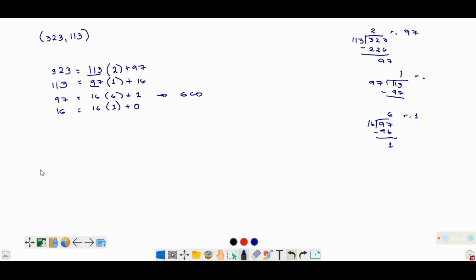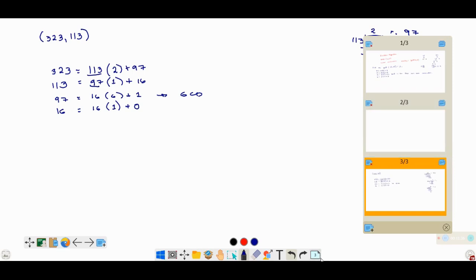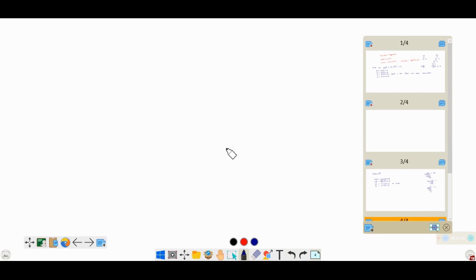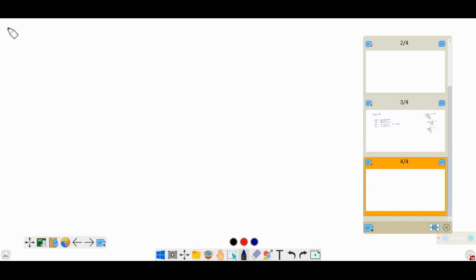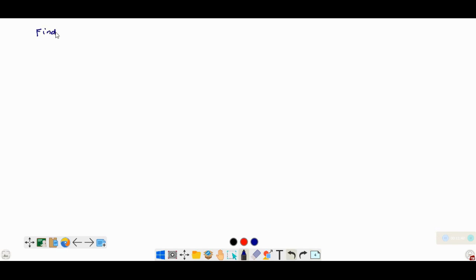Let's try another one. 323 ulit, pero palitan natin yung second term. Ayun, dito na tayo. Let's find the GCD of 323 and 133.